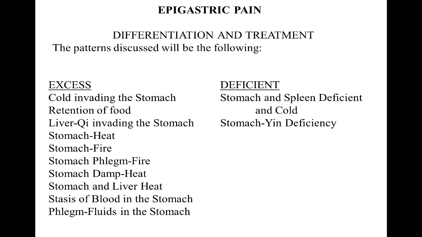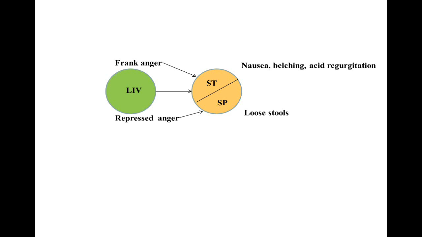So let's talk about epigastric pain, pain in the middle burner, above the navel. These are all the possible patterns. I will not discuss all these patterns, but only the main ones with the remedies. And I just wanted to show you this diagram first.